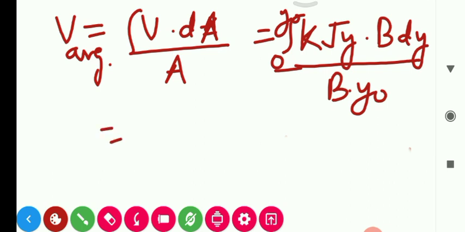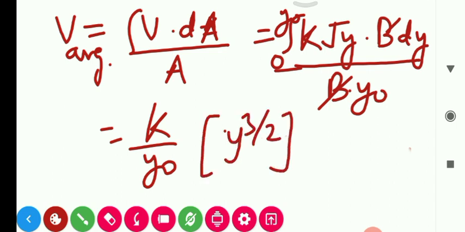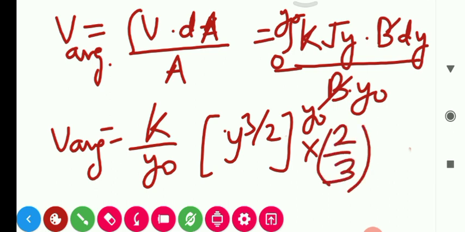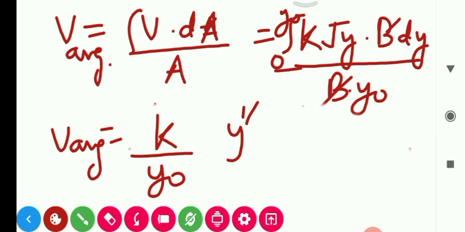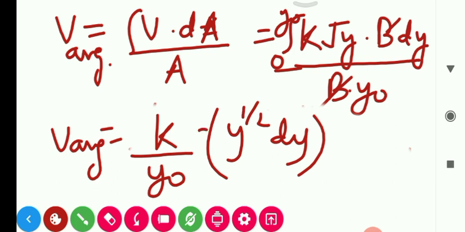Let's solve this. The constant terms go outside, and the b and b get cancelled, so it will be k upon y naught into the integral of y raised to the power 1 by 2 dy.